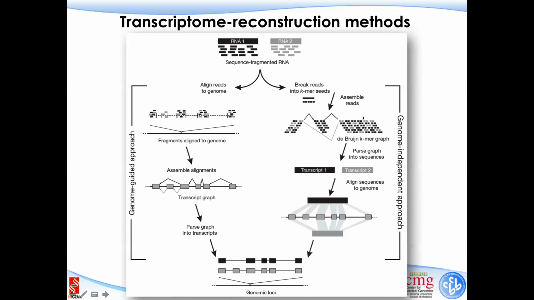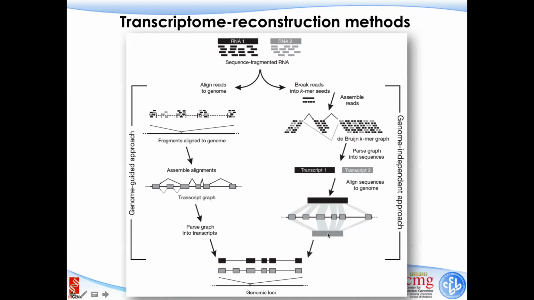The other one is the genome independent approach. We build k-mers from the reads, and build a de Bruijn k-mer graph from the k-mers, and use either exhaustive search or minimal path to infer the possible isoforms.